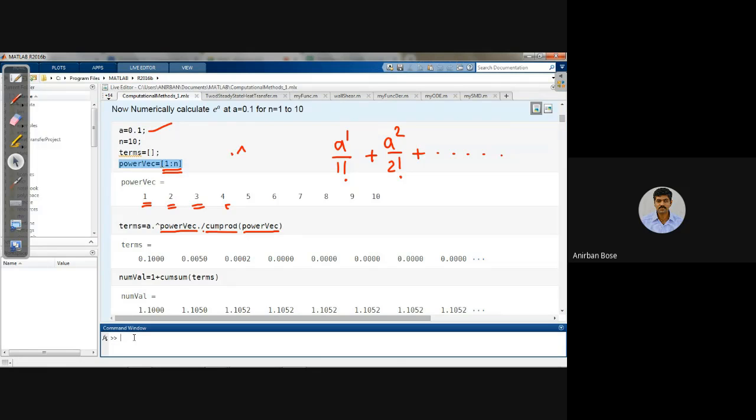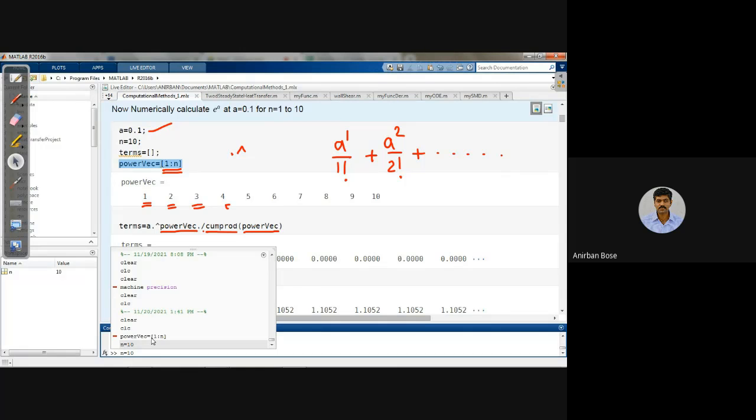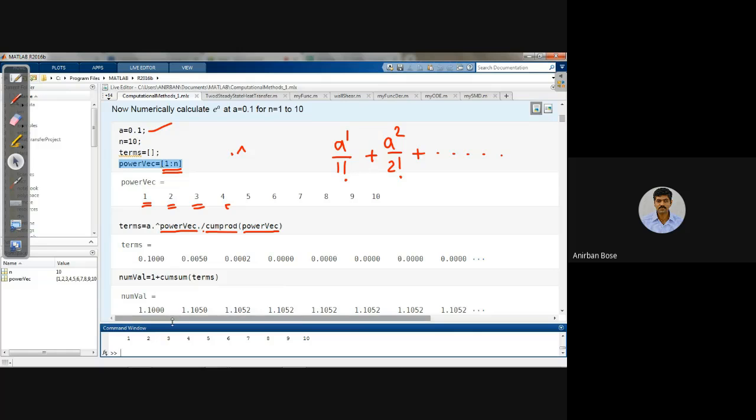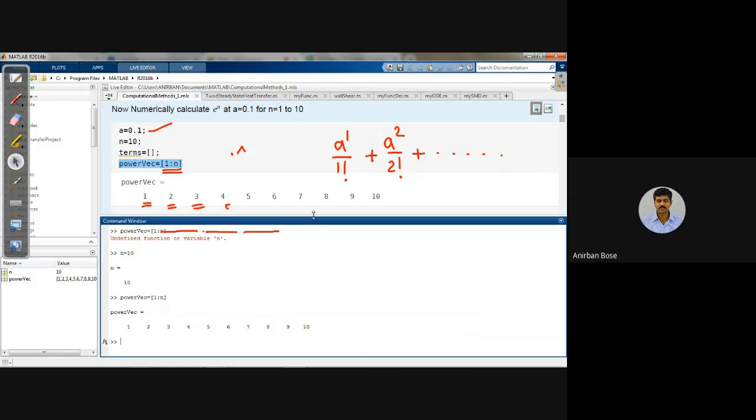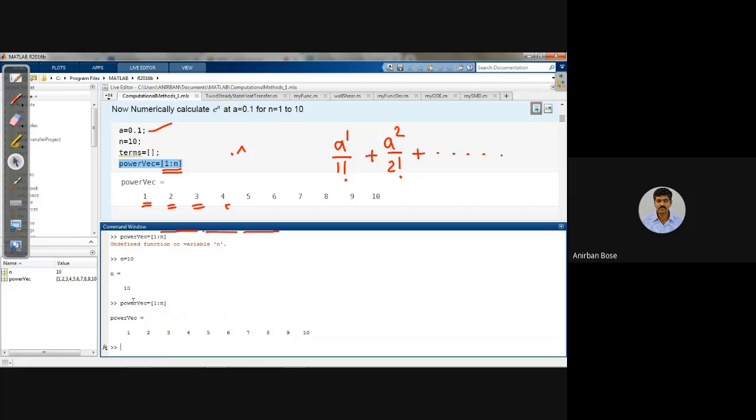in the command window. Suppose, okay, sorry, n I have not defined. Let us write n is equal to 10. So you just observe what is there in the power vec, that we have already seen, 1 to 10, all these values.